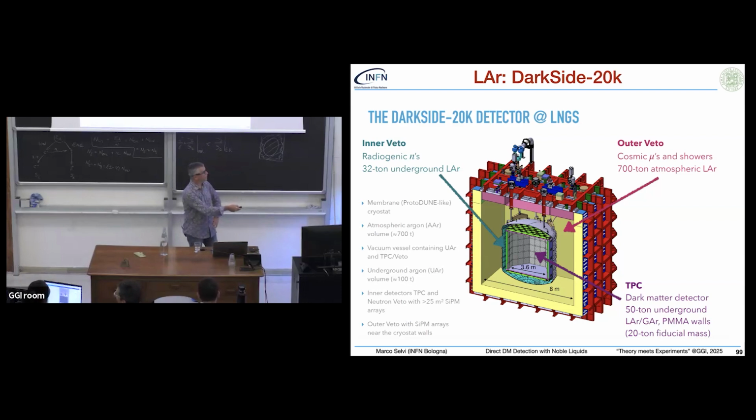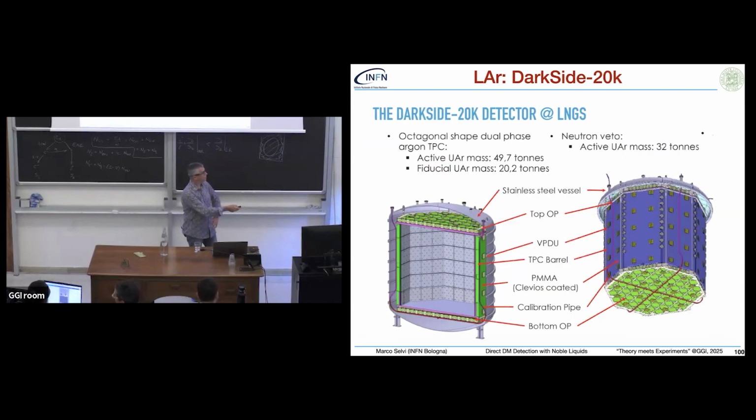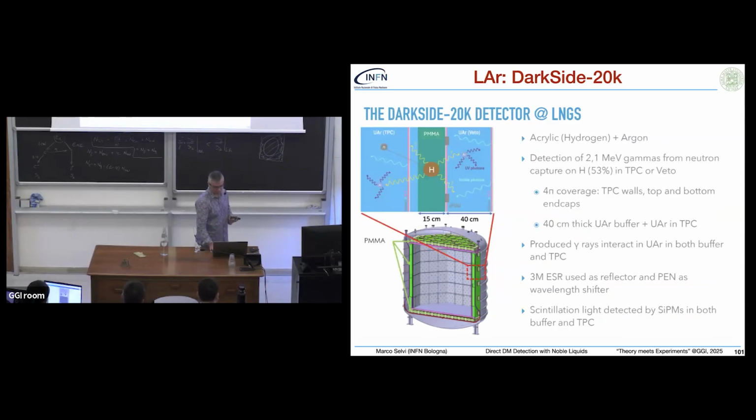So now, this is the detail of the TPC inside the cryostat. It has this octagonal shape, and the top and bottom of the TPC are filled with photosensors. Just a detail of the Veto, where the PMMA is the acrylic layer, so you have the TPC inside and the Veto outside.